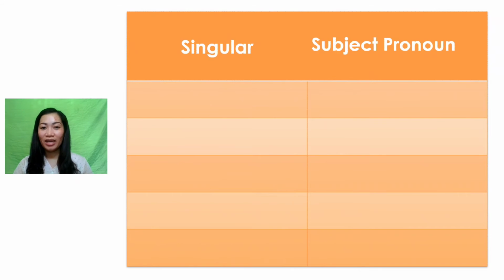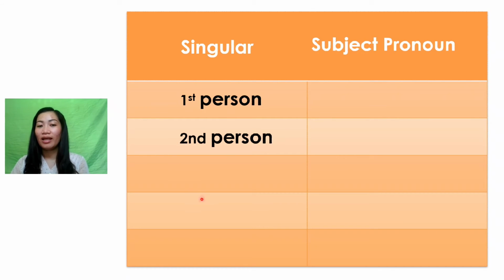Now, as I said earlier, we will be talking about subject pronouns that act as singular. When we say singular, it means you are referring to only one thing, person, or animal. We have first person, second person, and third person.